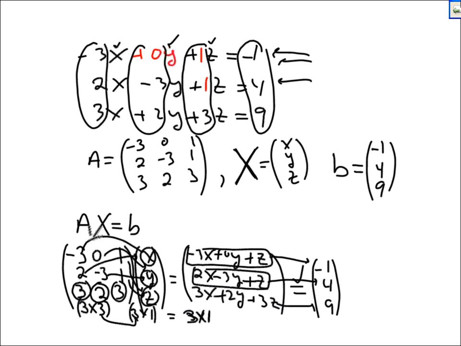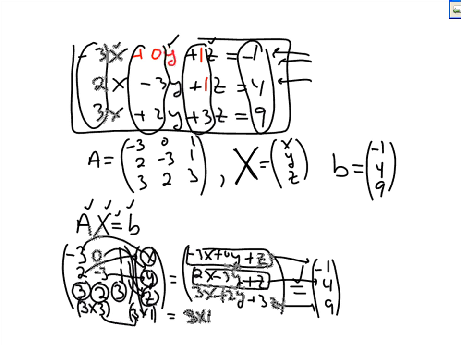Okay, so you can take this and write it in AX equals B form. A is just the coefficient matrix. If you need to insert zeros and ones, go for it. You take the coefficient matrix, 3, 2, 3.